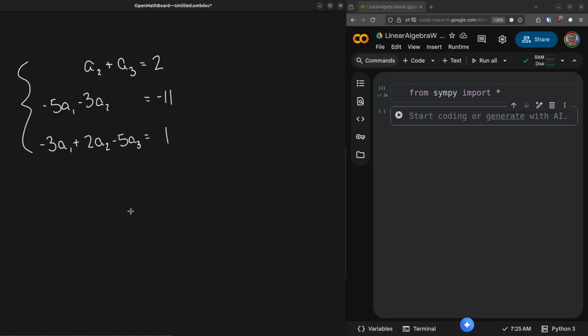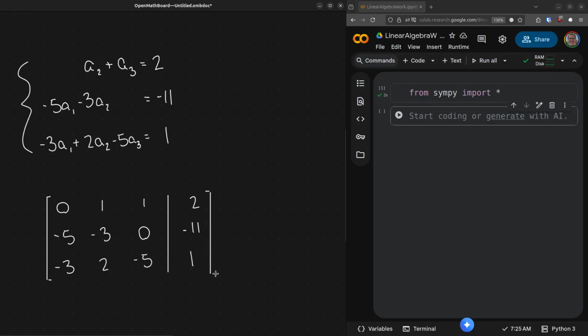We can solve this system and find A1, A2, A3 using the augmented matrix 0, 1, 1, 2. That's the first equation. Second equation, I get negative 5, negative 3, 0, negative 11. And last equation, negative 3, 2, negative 5, 1.